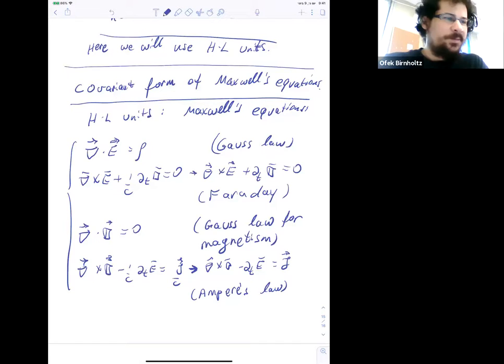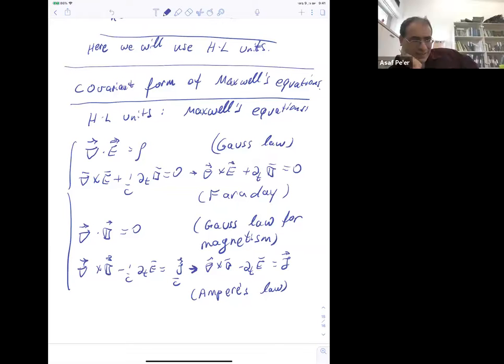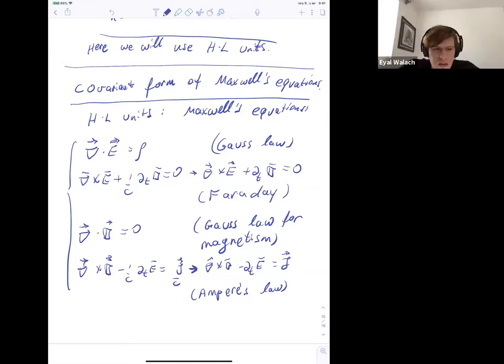The inspiration, in the sense that Lorentz transformations were first derived in order to work with electromagnetism? Well, this I don't know actually, to be honest. I don't know if the Lorentz transformation was derived first for that.